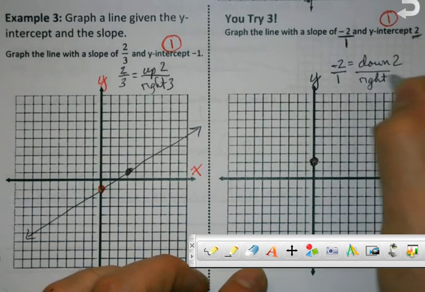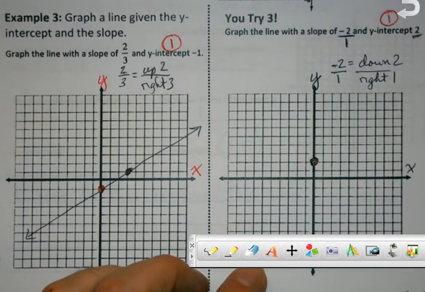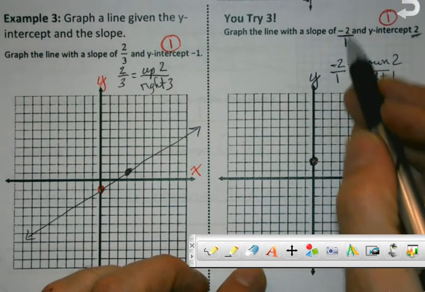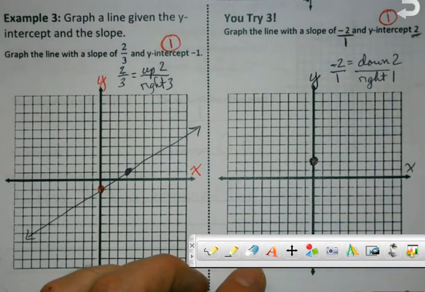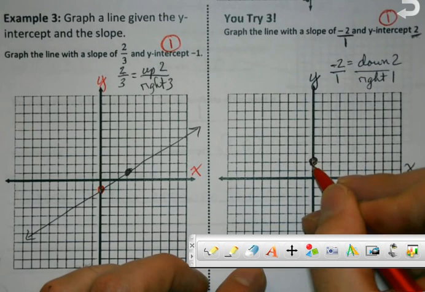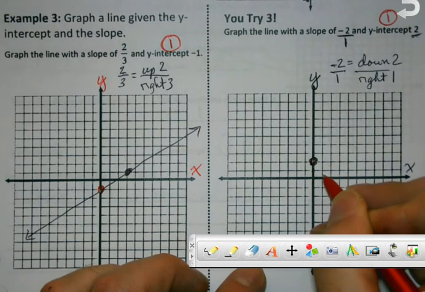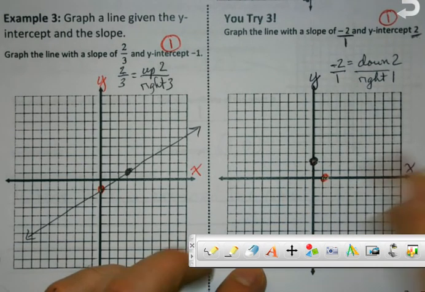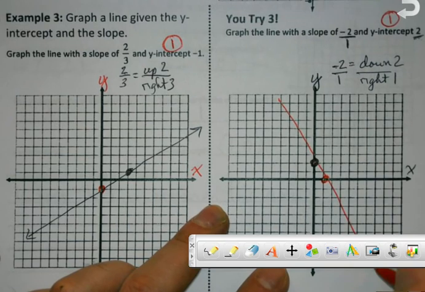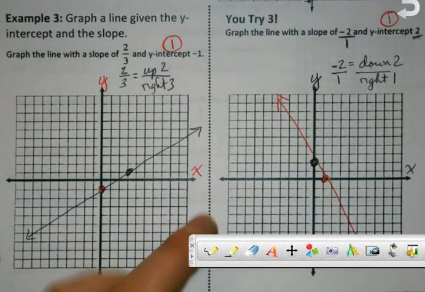But since I use the 1, and again, I only do that if it's a whole number, I'm going to go from here, down 2 and right 1. I'm going to graph that.